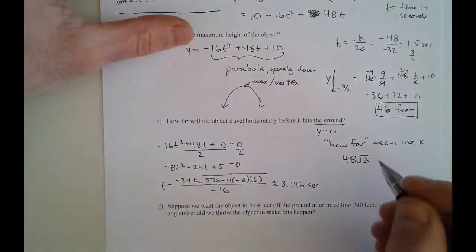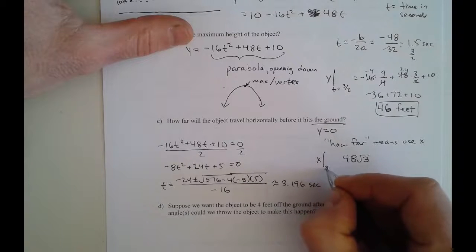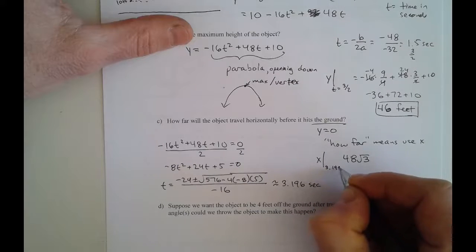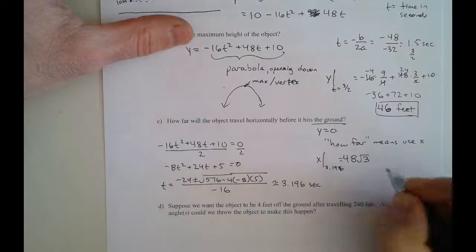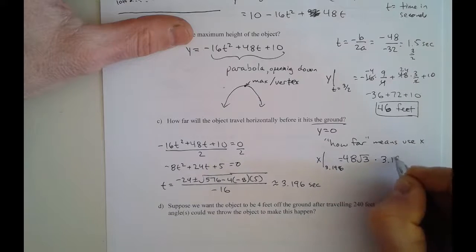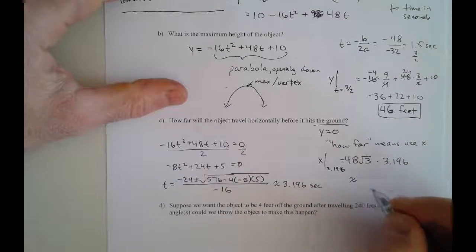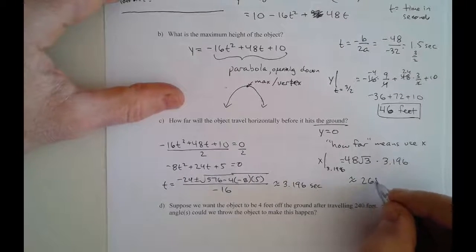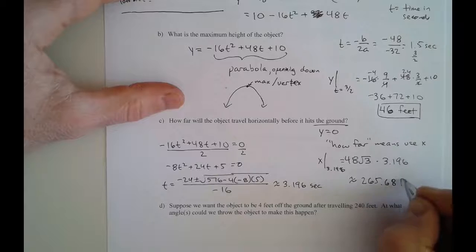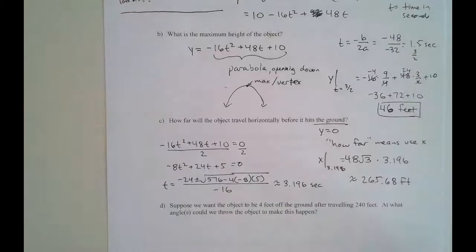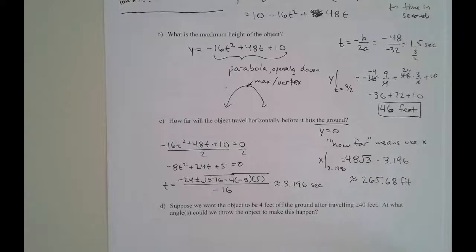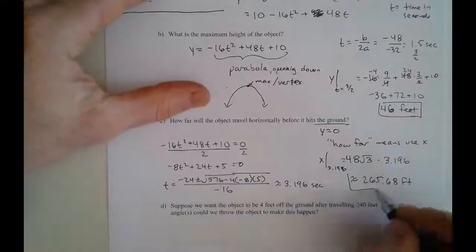So I'm going to take that x equation and evaluate the x equation at 3.196. I'm going to plug that in there. And you put it into that calculator, and the calculator spits out the answer of 265.68 feet. And again, I didn't say anything about rounding, so we're not going to worry about it too much. But that would be our distance that it travels.